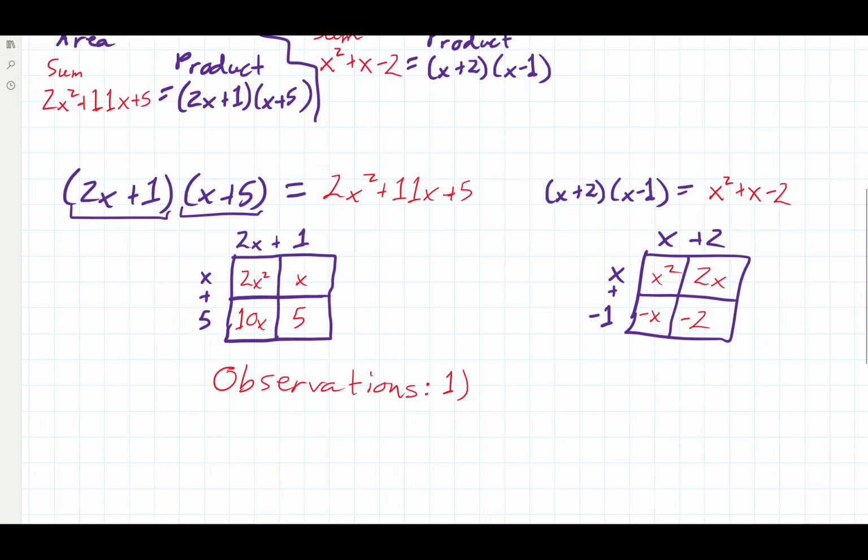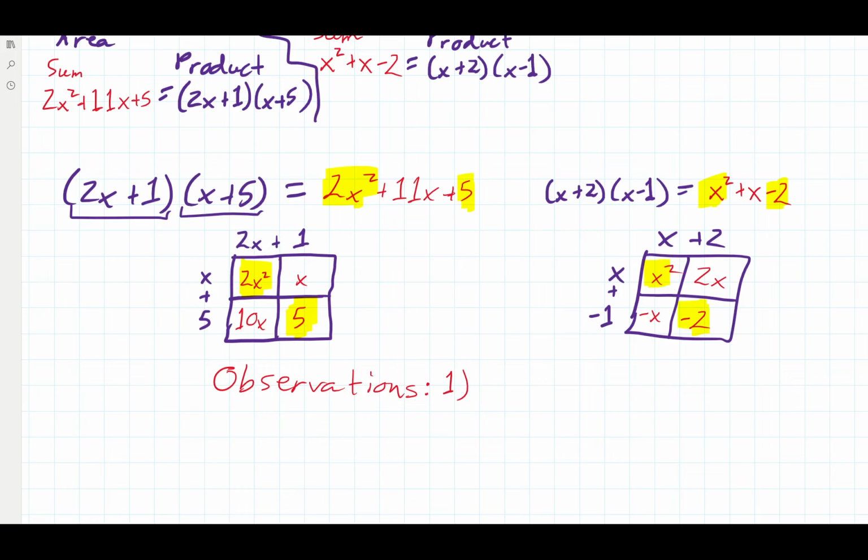What do I mean by that? Well, we can see here the 2x squared and the plus 5, they're already there. We actually see them right there. And they're in opposite corners. That's also the case over here. We see the x squared and the negative 2. X squared and negative 2.